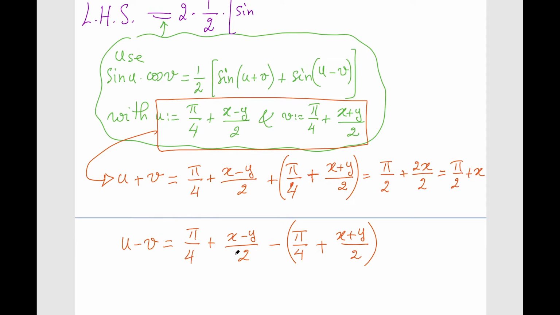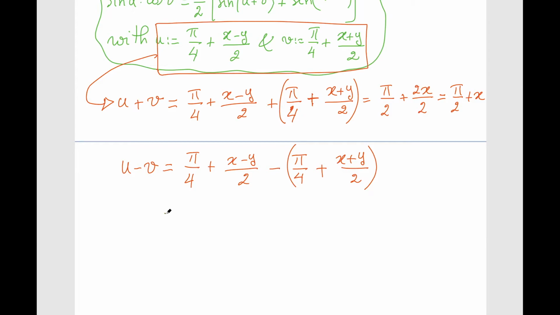And what is this? Well, the pi over 4, okay, you know what? Let's take a couple of steps. So pi over 4 plus (x minus y)/2 minus pi over 4 minus (x plus y)/2. Do you agree with, at least with this? What did I do?